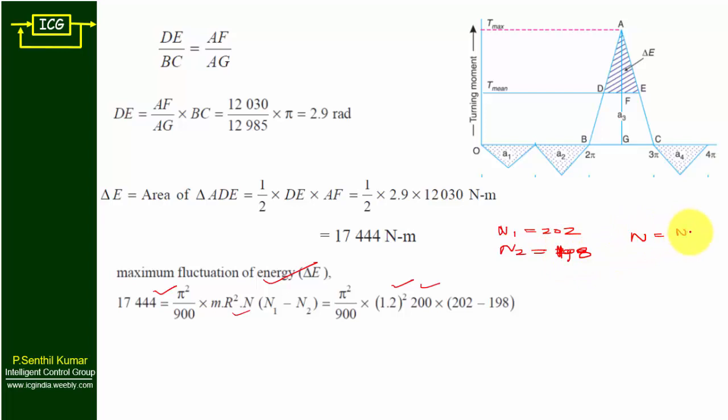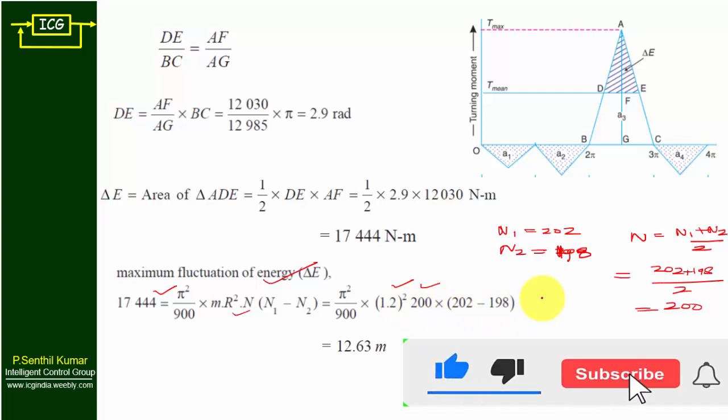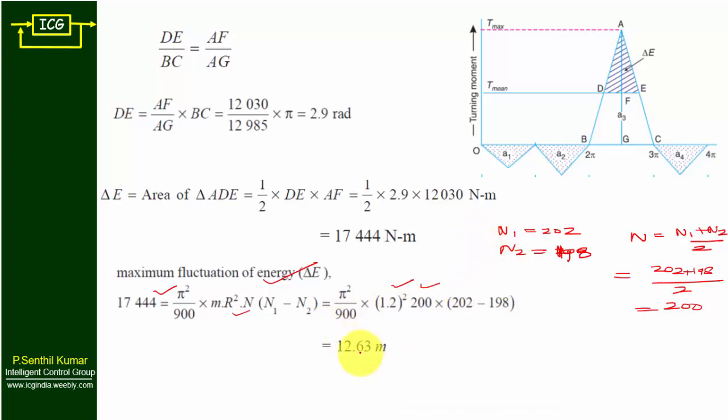Then N equal to N1 plus N2 divided by 2, 202 plus 198, 400 divided by 2, 200. That's why here I put N equal to 200, 202 minus 198. When you substitute this value, you will get this reduction, whereas on another side we have this value. Now when you rearrange, finally you will get 17,444 divided by 12.36. You will get a mass value of 1,381 kg. So this is the mass of the flywheel for this problem.